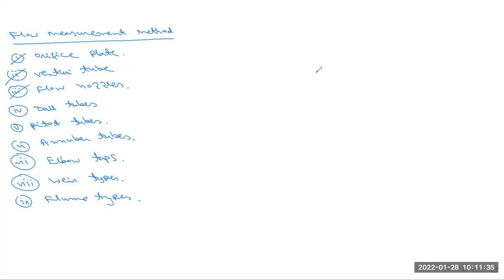And another one, the secondary element, or secondary method, we have to use for flow measurement. First one is the manometer.